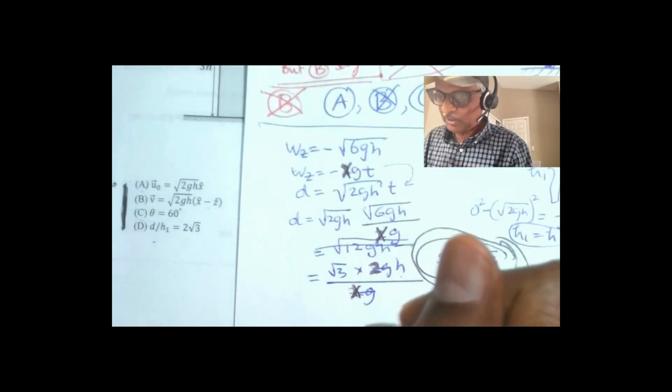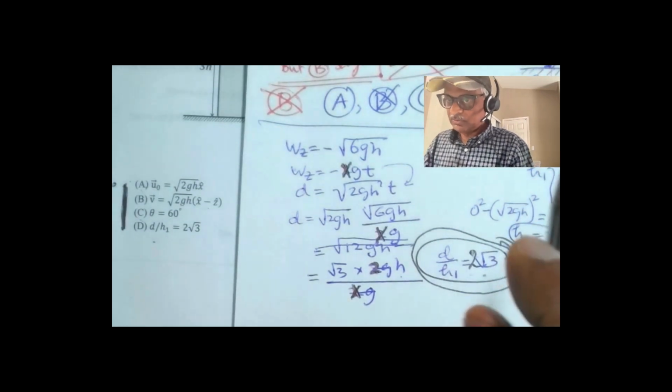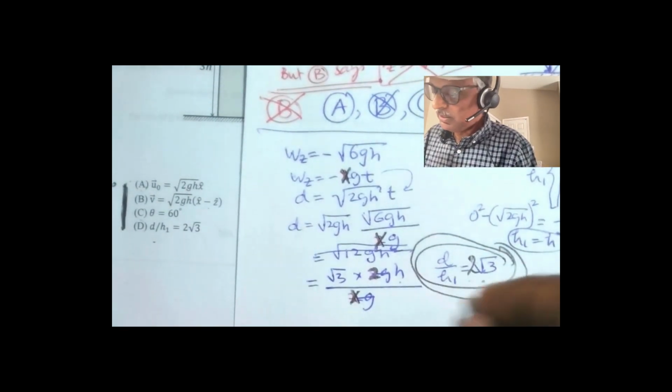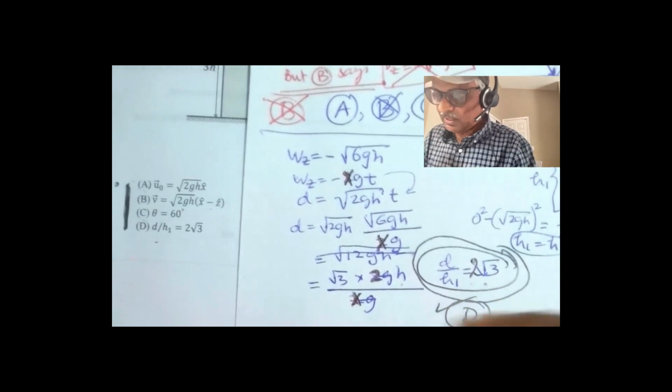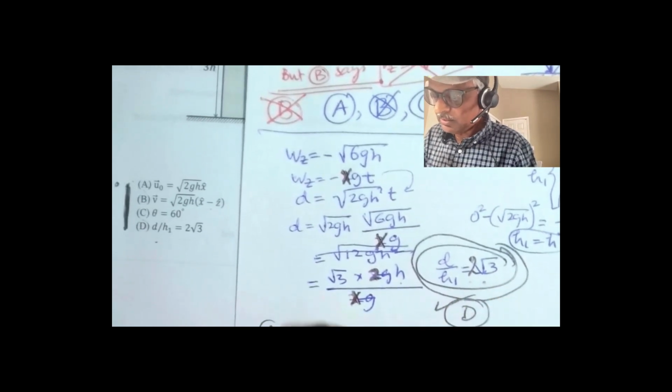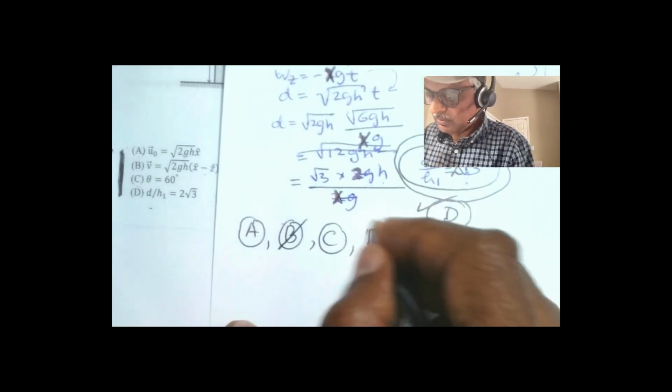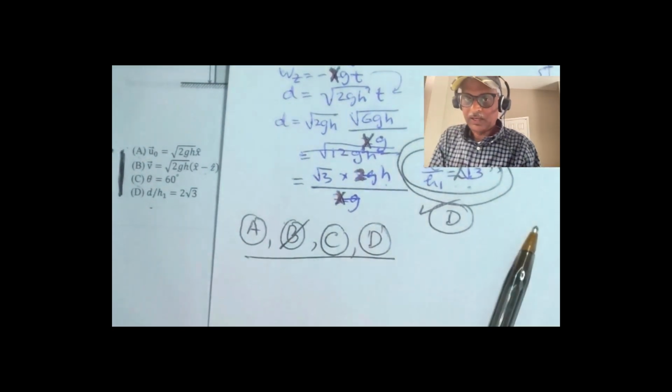It's very easy, there are a few steps, just trace it backward, and that should help you find the error. Okay, so it looks like D is correct. So what I got is A is correct, B is not correct, C is correct, and D is correct. Okay, so that's problem number 1.